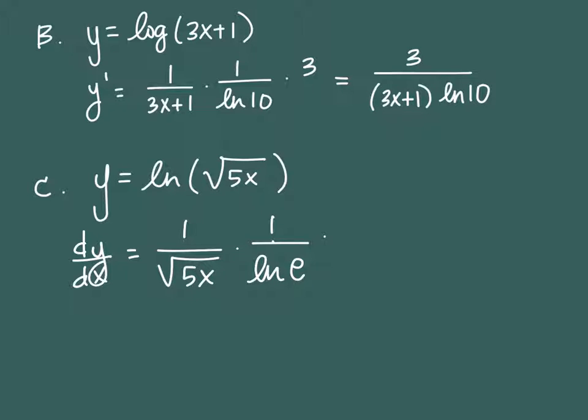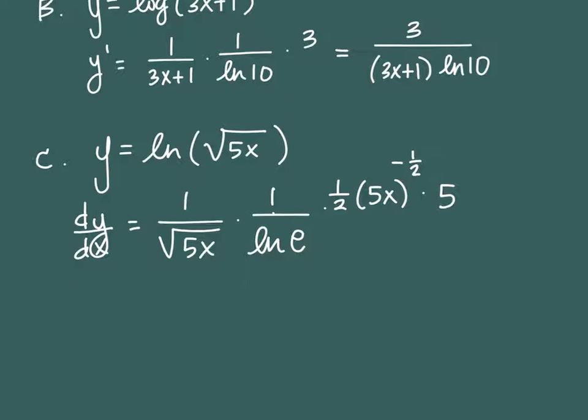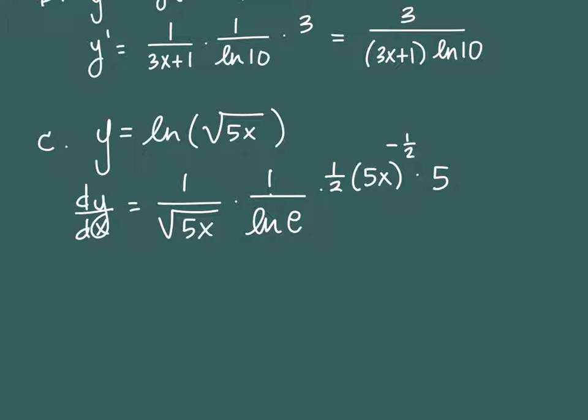So that's going to be 1/2 times the quantity 5x, which now has a new power that reduced to negative 1/2. And that also needs its own chain rule to multiply by 5. So now we do have some cleaning up to do. I'd like to start with this part and clean that up.